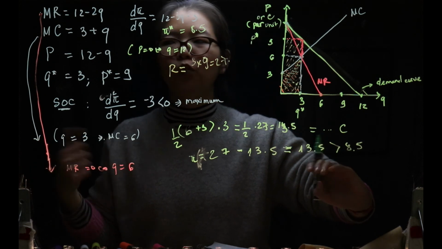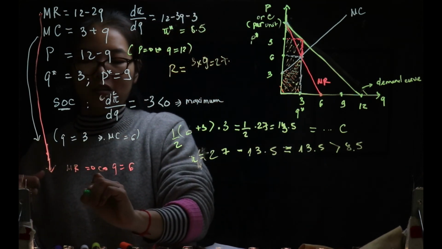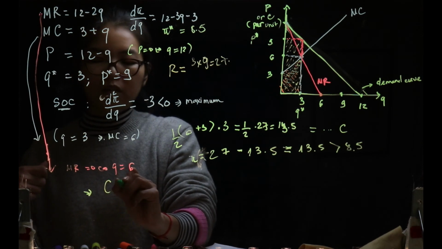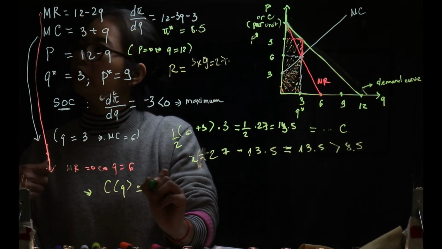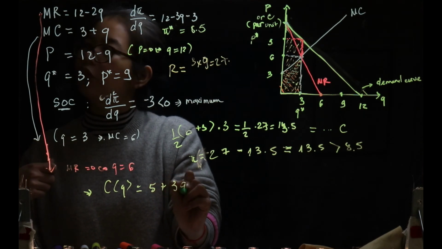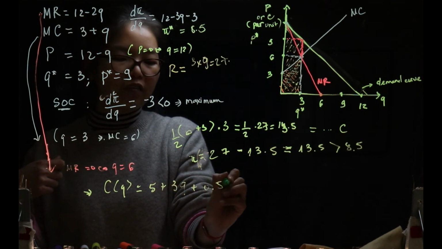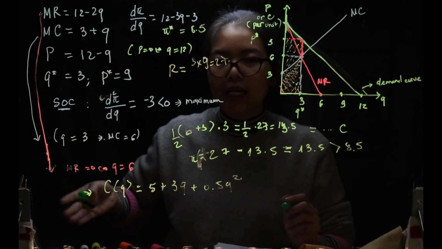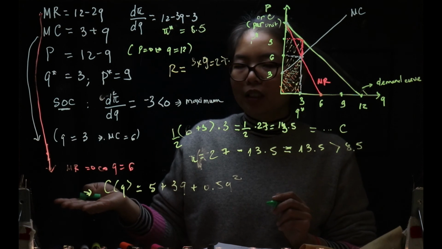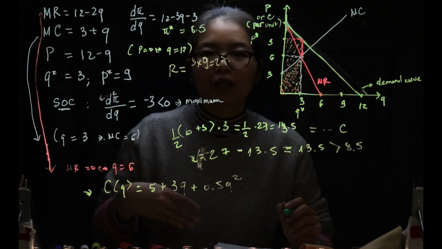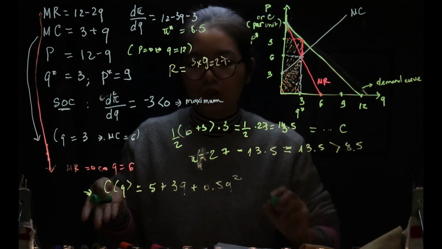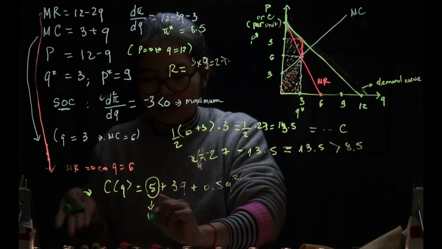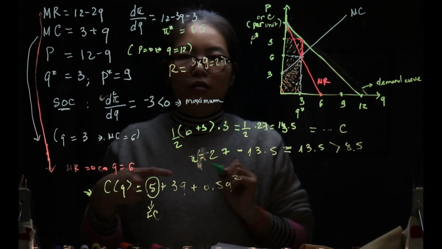And where's the fixed cost? The fixed cost can be seen from the cost curve of the monopoly, which equals 5 plus 3q plus 0.5q squared. The fixed cost is something you have paid already at some point in the past and doesn't relate to how much you produce. So that is the constant over here, that is the fixed cost.